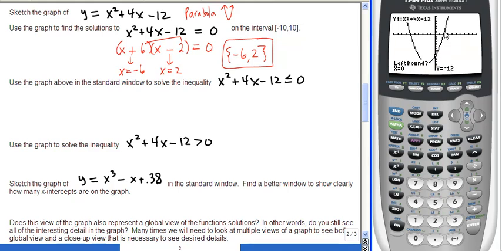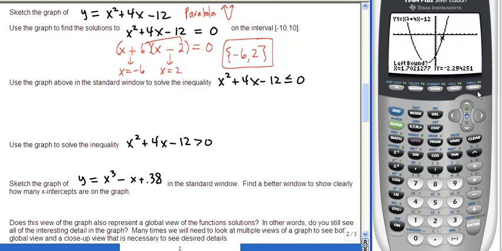If we wanted to find this zero on the right side first, what I would suggest doing is moving your cursor or your arrow to the right. You want to get that little flashing icon as close to the x-intercept as you can, but we want to be slightly to the left of it when it's asking for a left bound. That looks pretty good to me.